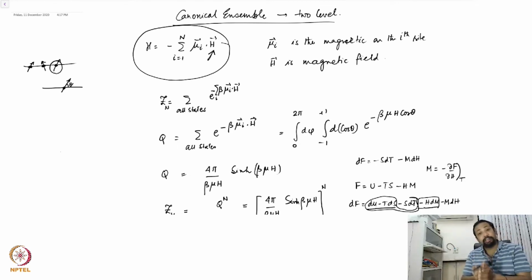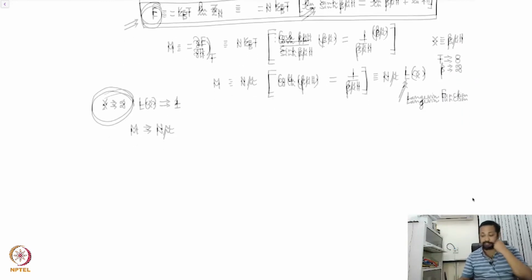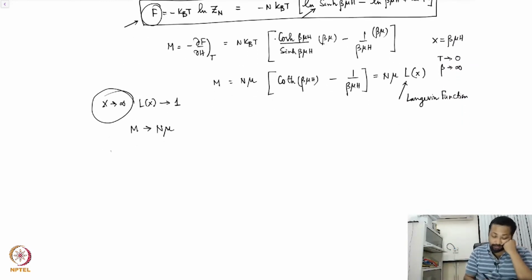There is not enough thermal energy in the system to make them fluctuate, right? The fluctuations are suppressed. As x tends to 0, L of x is approximately x over 3. So therefore the magnetization is N times mu. One can just do it.